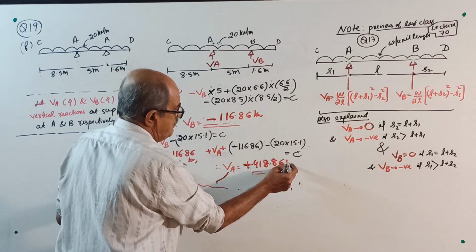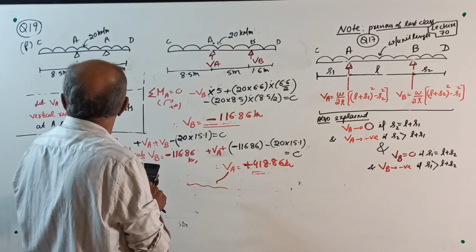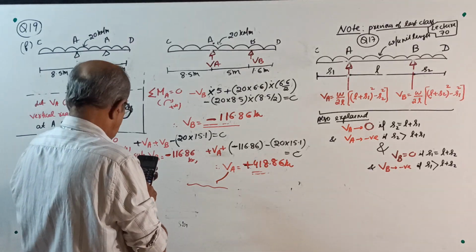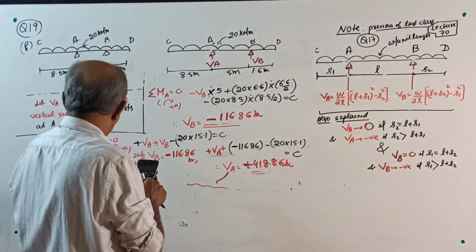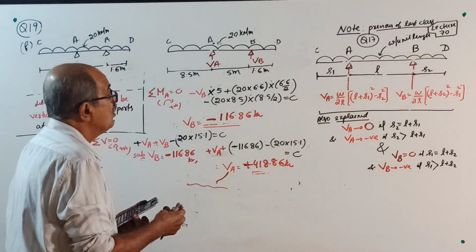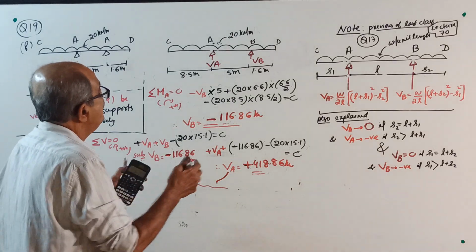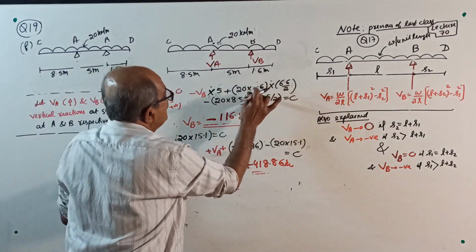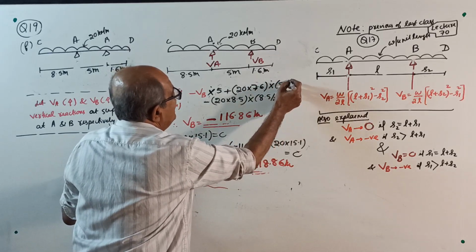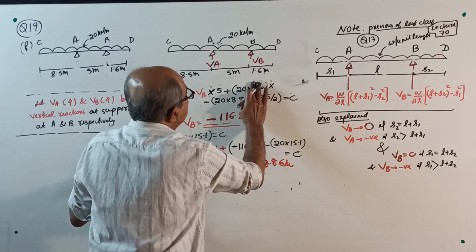418.86 kilonewton. Just a minute, I will check the answer. VA into 13.5 square minus 1.6 square divided by 2, divided by 5 into 20. 359. Oh, something wrong in calculation. 1 minute. Oh, see, 5 plus 1.6 is 6.6 only.